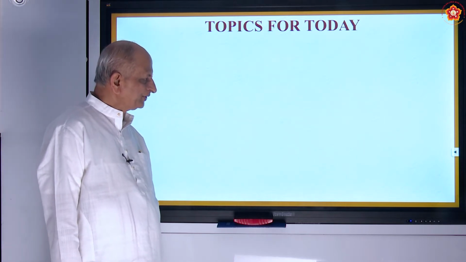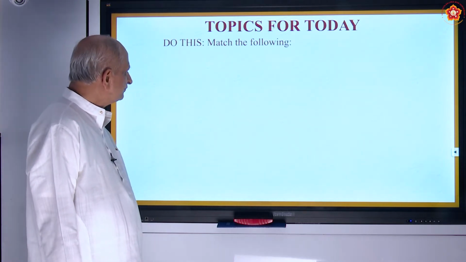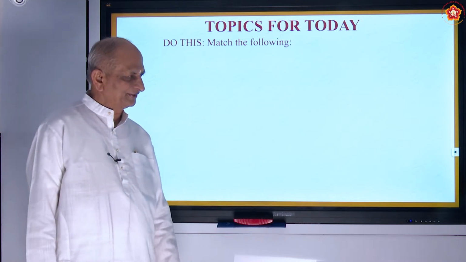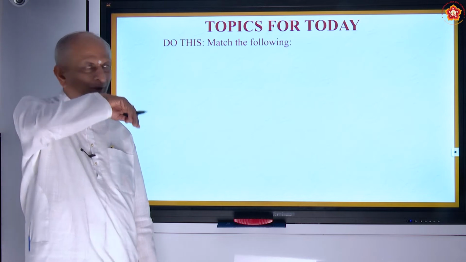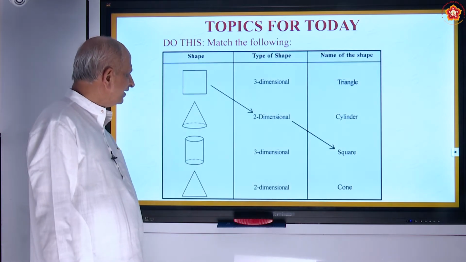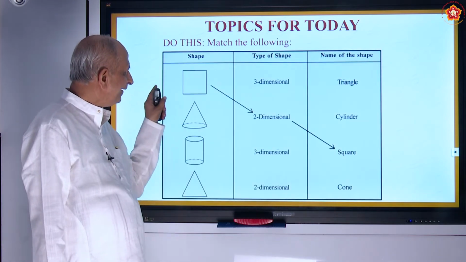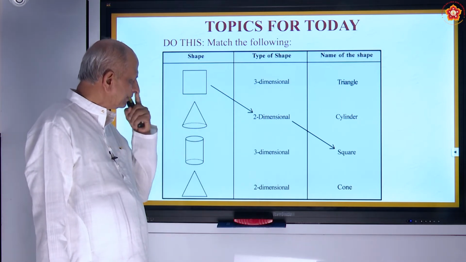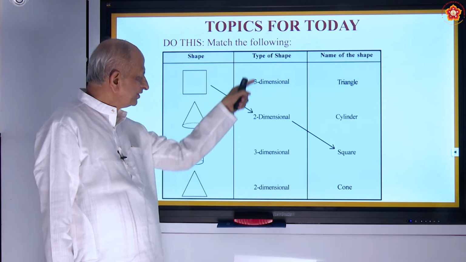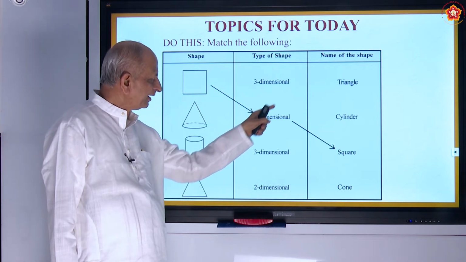Now coming to today's topic, we will have a small exercise. Come on, ready? Take your pen, book and all, and now we have to match this. What is this called? Square. What is the type of the shape? Two-dimensional.